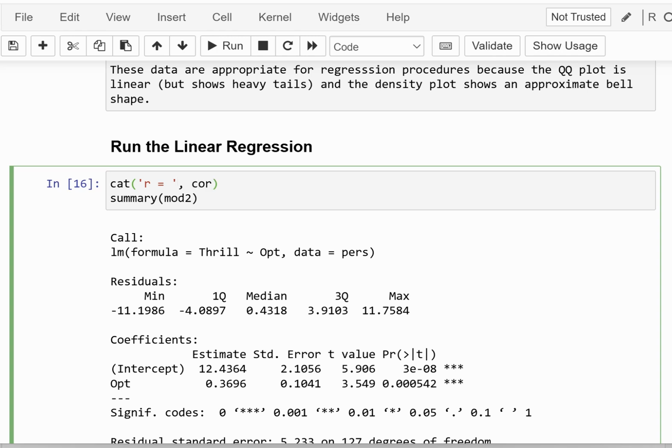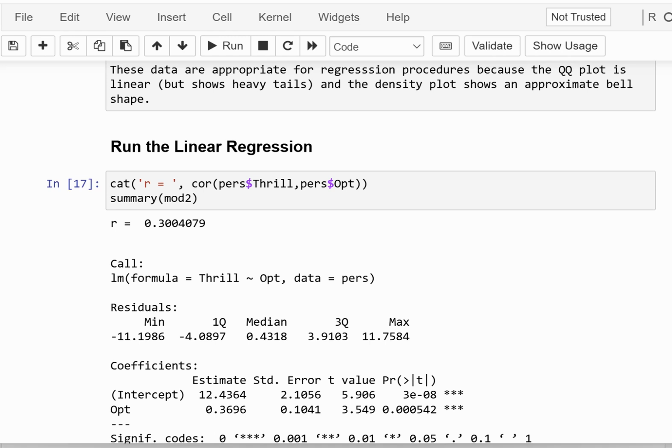And I get that value by doing cor of purse.thrill, comma, purse$opt. And that just prints out the correlation coefficient. And notice that it's slightly higher than 0.25.